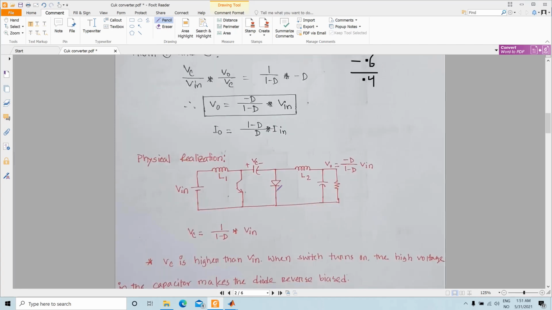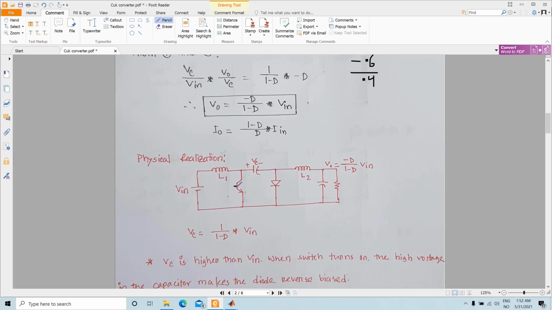So how is this circuit built? This is an example of how it is built in real life. We have the input voltage here, V in, and then we have the inductor L1. Now these two switch positions can be replaced by a transistor and a diode if we place them like this.